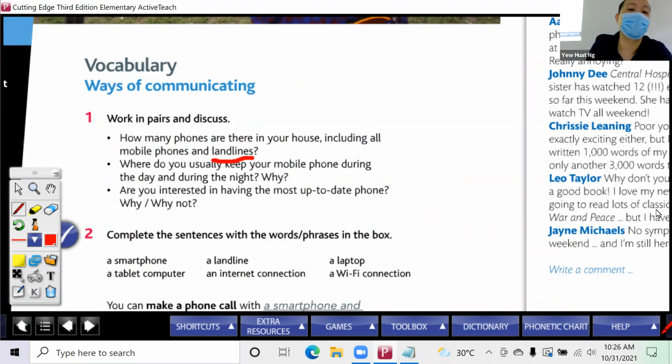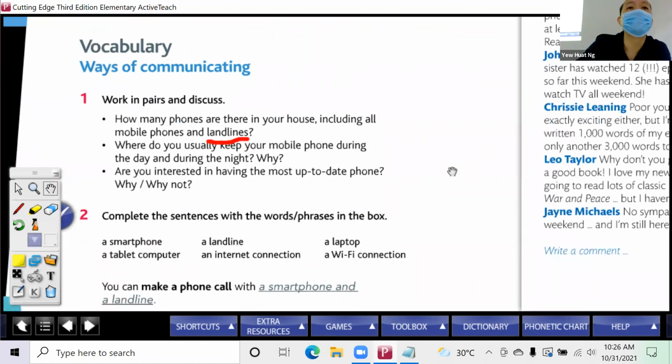That is a landline. So how many phones are there in your house? Two? Yes, two. Three. So one landline. Okay, good.